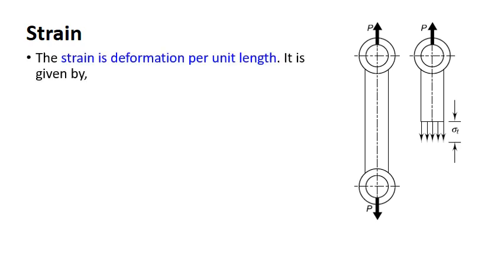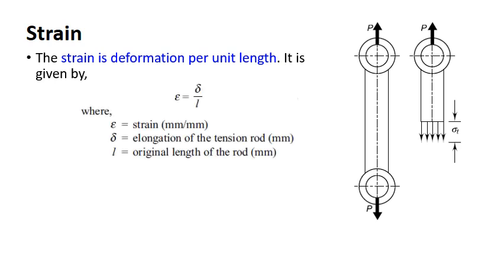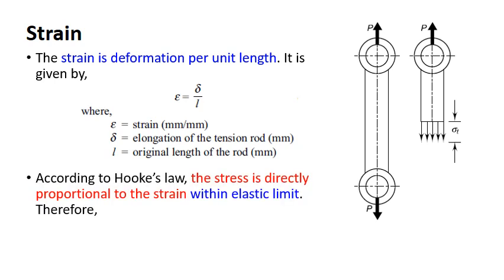So strain is measured as a deformation per unit length, that is change in length by original length. Since there is elongation here, elongation of the rod by original length of the rod. Original length here we take usually the gauge length. So it is a unitless physical quantity. Strain doesn't have any units.